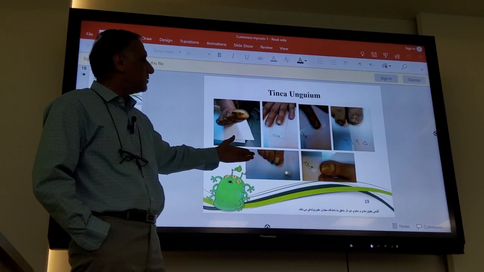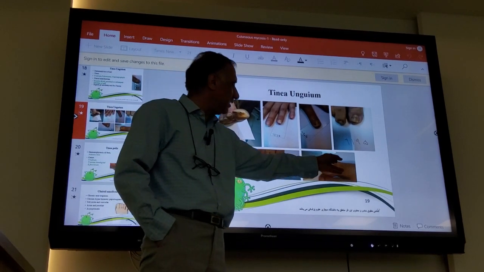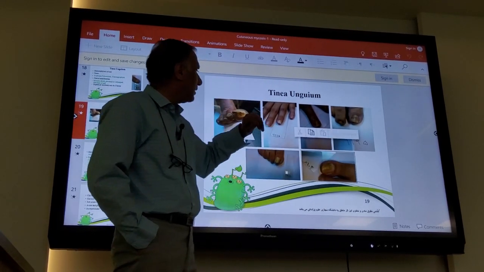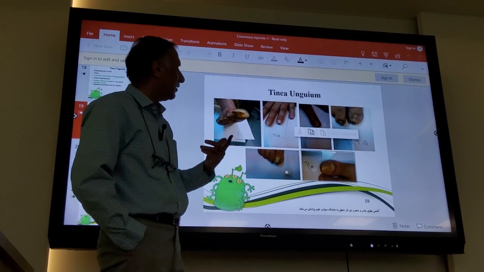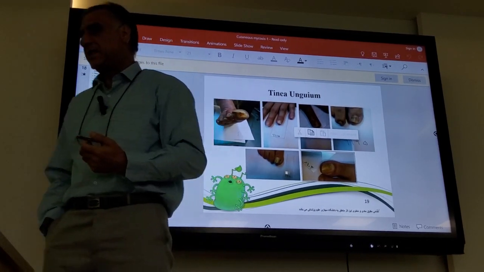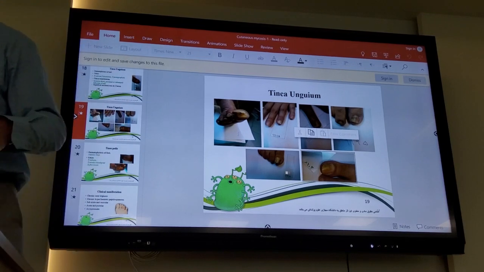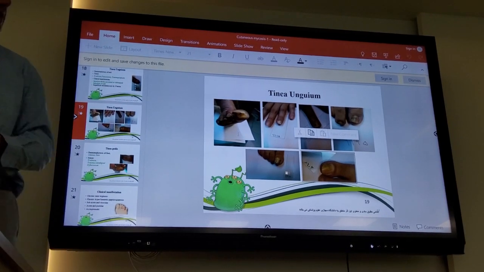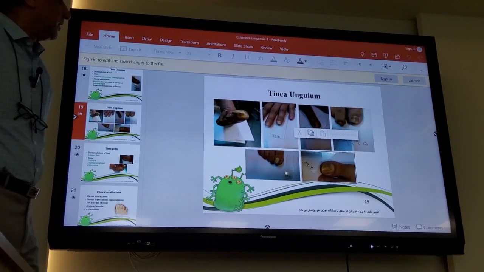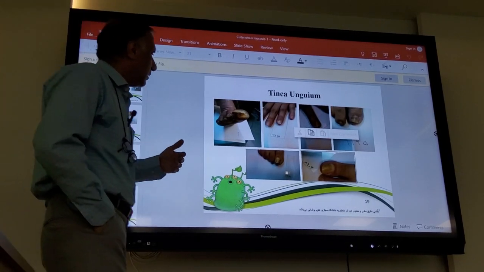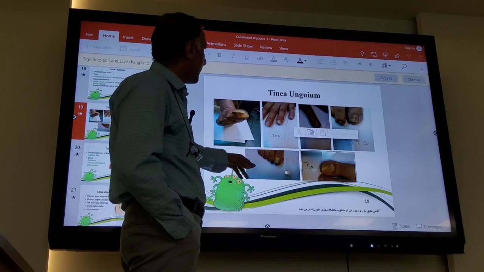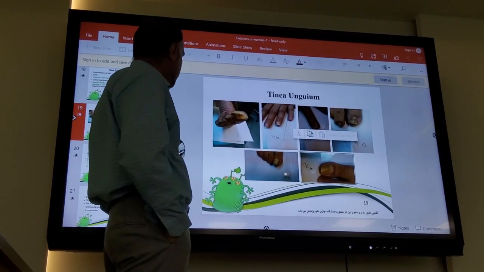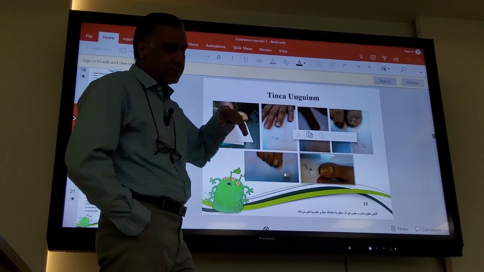Sometimes it may start from the medial or lateral side. It is not important for diagnosis which type of onychomycosis it is, but we must consider it. This patient must be referred to the laboratory.